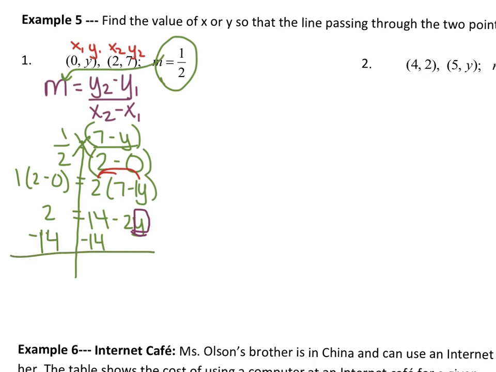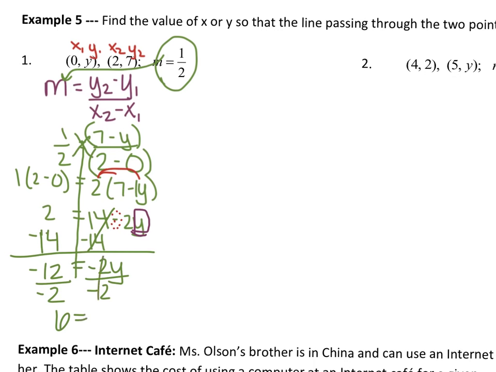So 2 minus 14 is a negative 12. The 14s cancel. Be careful. What is in front of that negative 2? A negative sign. So I need to bring down negative 2y. Divide both sides by negative 2. Lately I've been seeing students dividing by negative 2y. Notice I'm just dividing by negative 2.